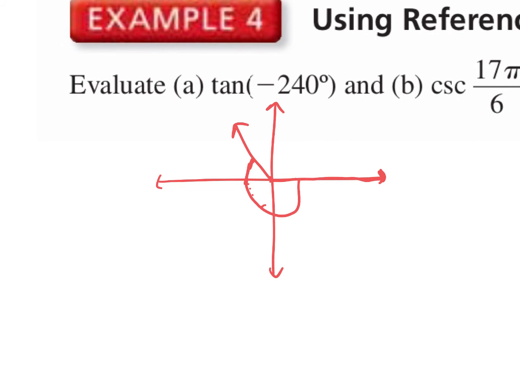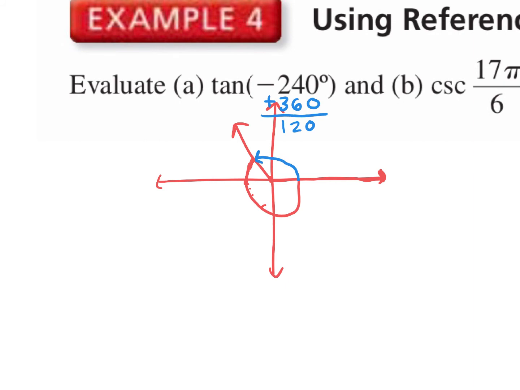How do we find the positive coterminal angle for negative 240? Add 360. So what's negative 240 plus 360? 120. So 120 puts us in the second quadrant.